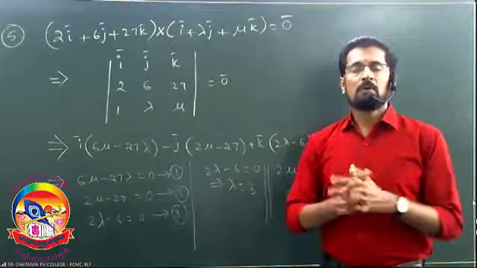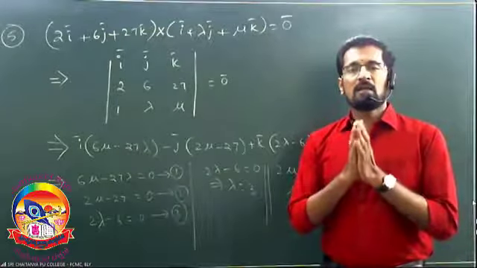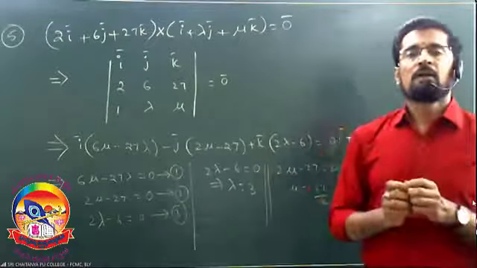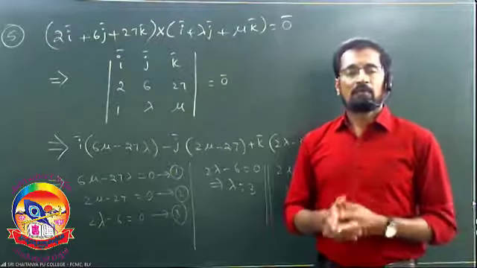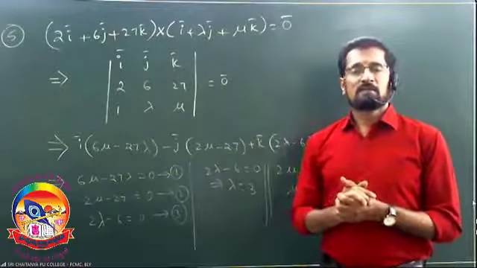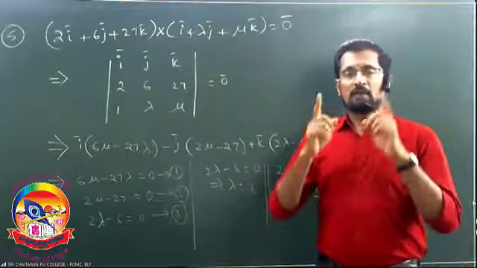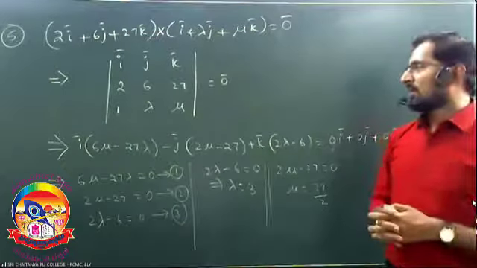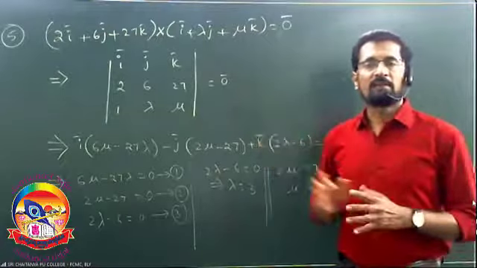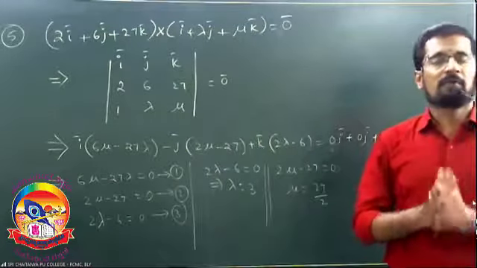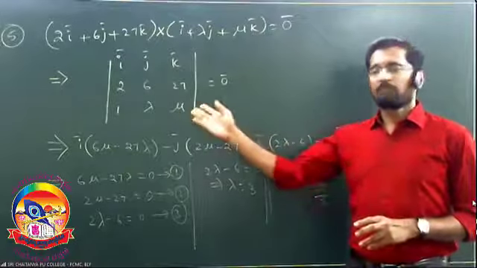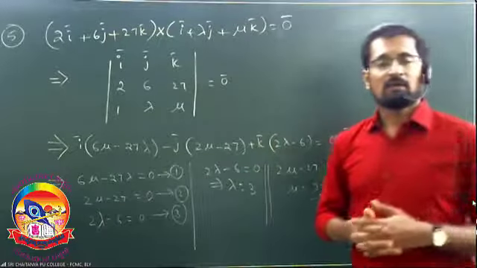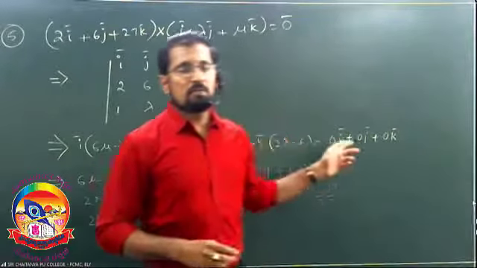He has given you 2 vectors and he equated that entire cross product to the null vector. So I found the cross product of that LHS which has been given to you. Now, the determinant of i, j, k, 2, 6, 27, 1, lambda, mu is equal to, on the right hand side, the null vector. Now, if I expand the determinant, I got this, and a null vector can also be written as 0 i bar plus 0 j bar plus 0 k bar.